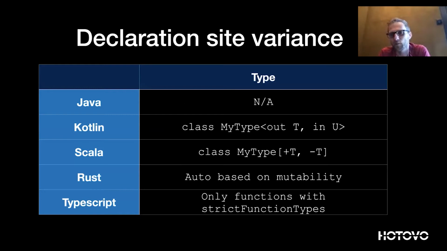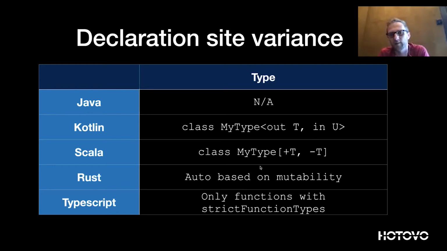And these are really, I think, well thought out, because they immediately mean something: when I consume something, I'm passing something in, then it's contravariant. And when I'm reading something or holding something, then it's out. In Scala, it's plus and minus.